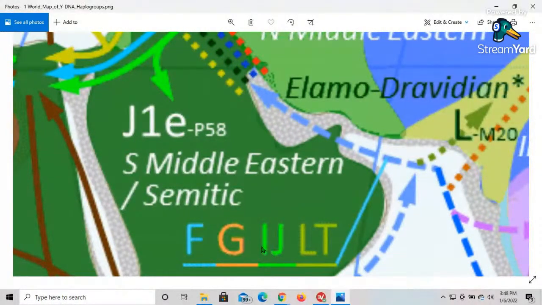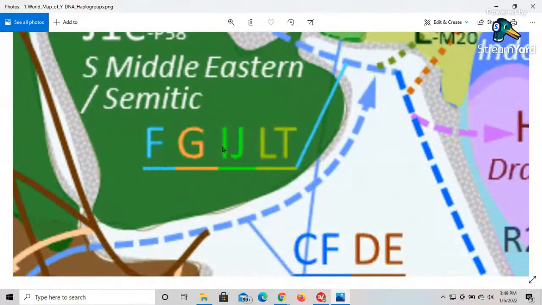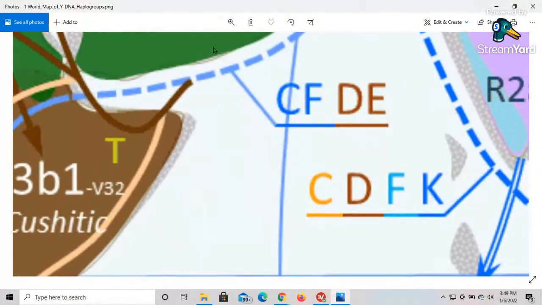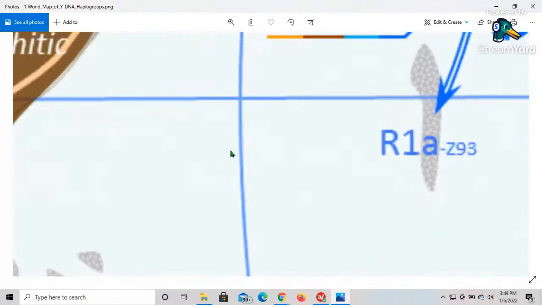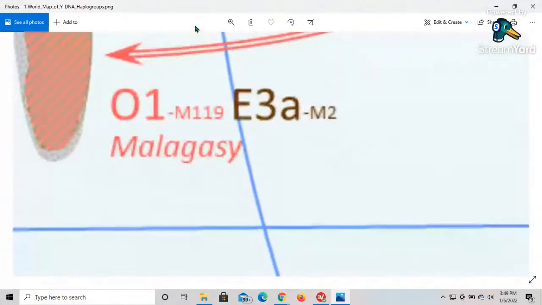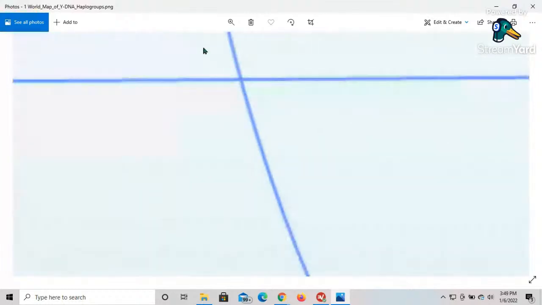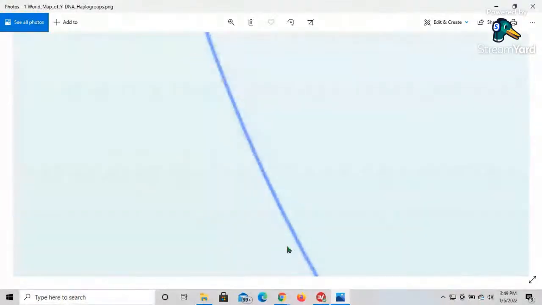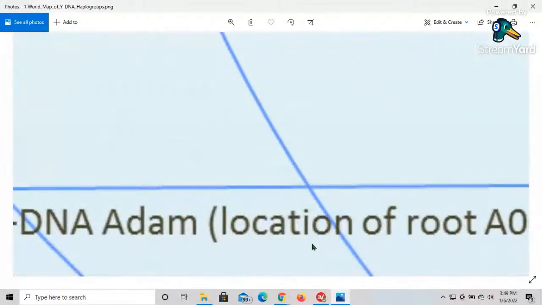Okay, and notice how they got the I and the J together here. The I is closely associated with Israel as well. And that is also Semitic. In other words, they're descendants of Arpachshad, Arphaxad.